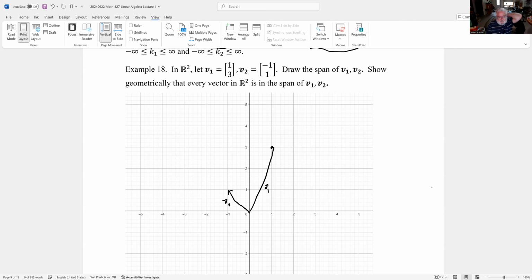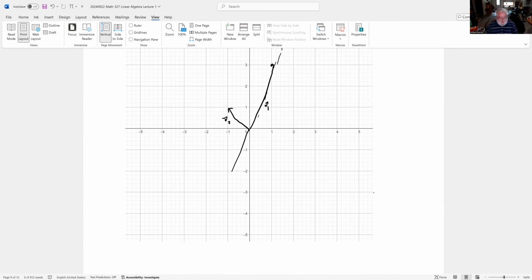Well, we can take V1. We know that the span of V1 itself is that line.